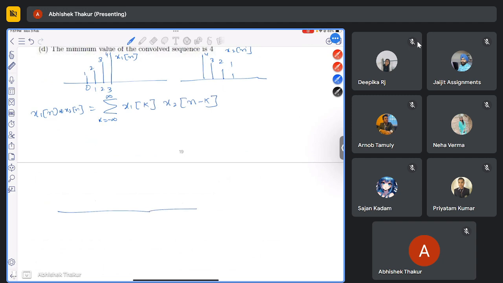Here is 1, 2, 3, 4, which is our x1[k], and this is our 4, 3, 2, 1.